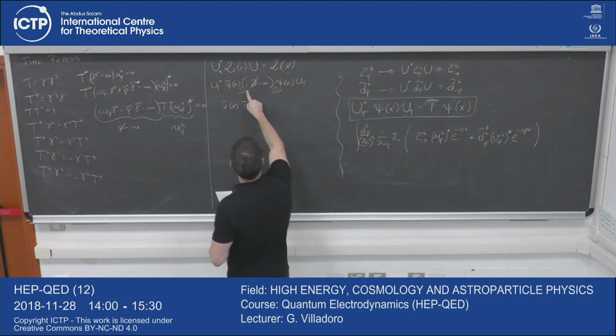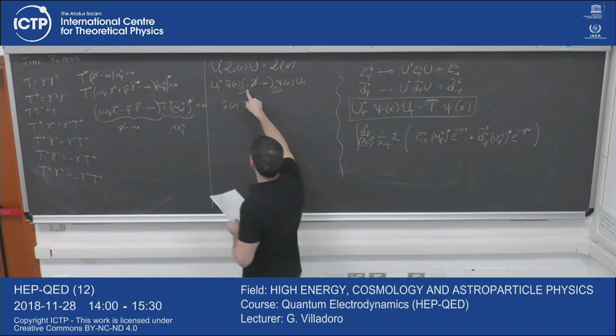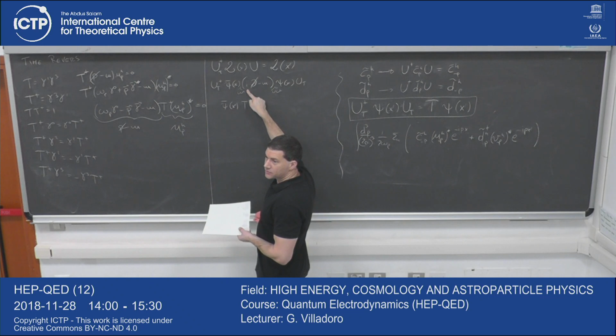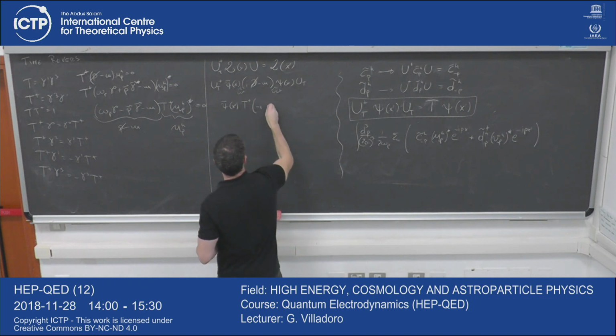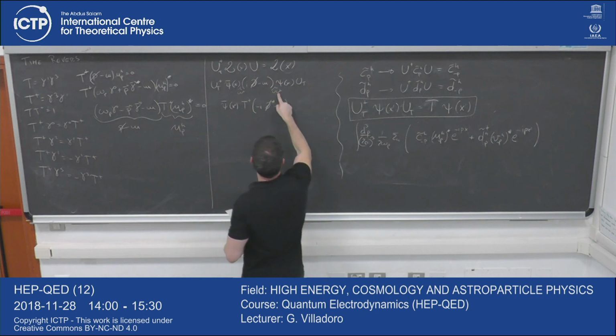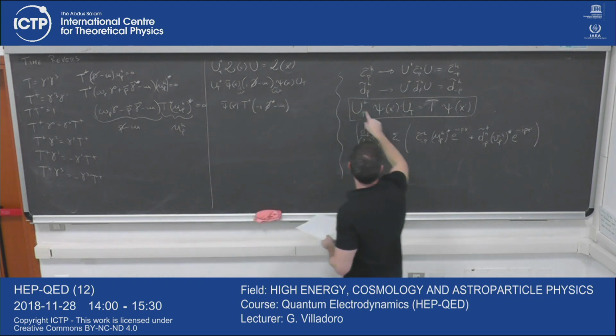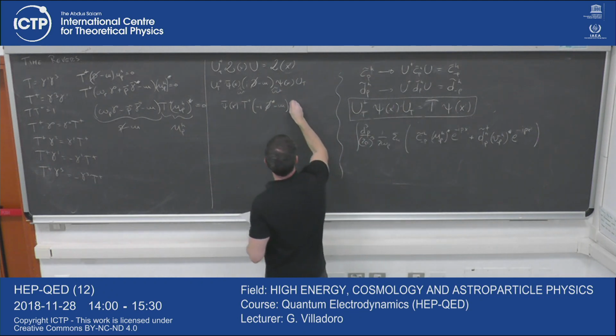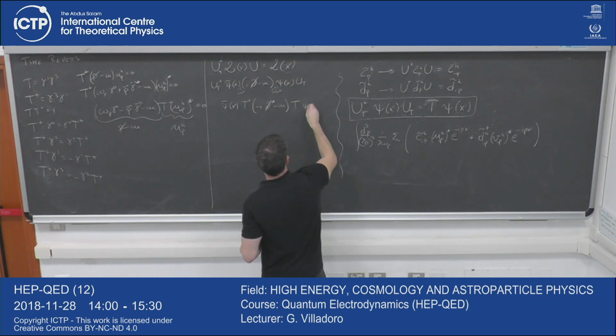Then I have U dagger U of this. This is not an operator, but it's still complex, so I have to take the complex conjugate because it's anti-unitary. So I get a minus i d slash star minus m, and then I have U dagger psi U, which is T psi of x prime.